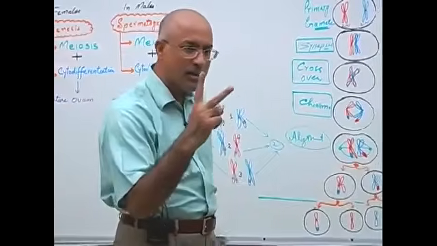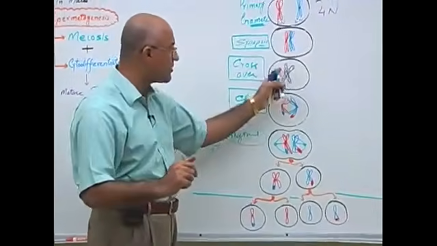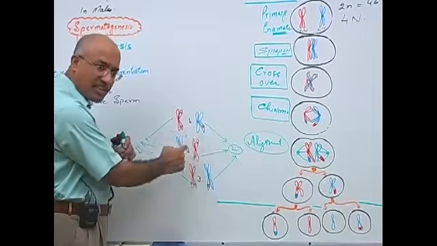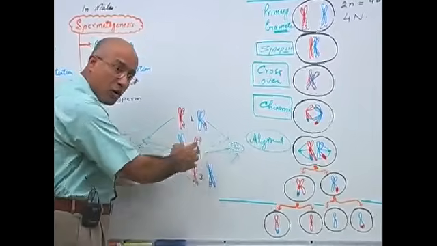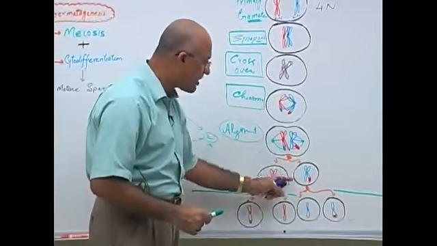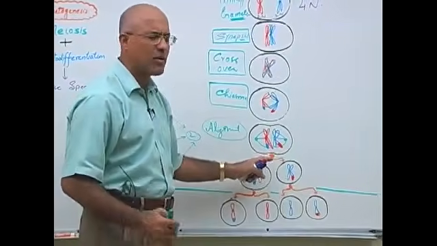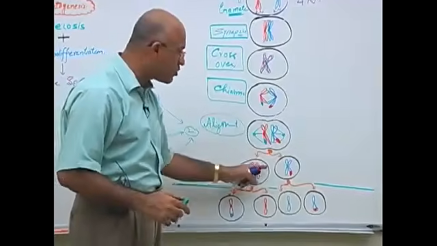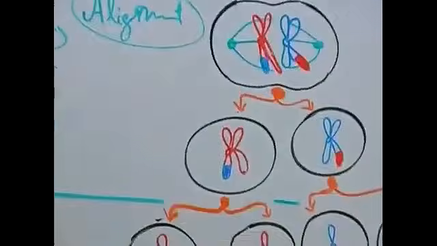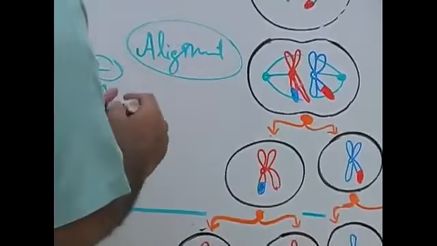So up to now, by two mechanisms, genetic variability is occurring. Number 1, exchange of genetic material between the homologous chromosomes. Secondly, random assortment of homologous chromosomes to the daughter cells. And eventually, when the daughter cells are produced at the end of the first meiotic division, these two daughter cells are no more primary gametes; they are now called secondary gametes.